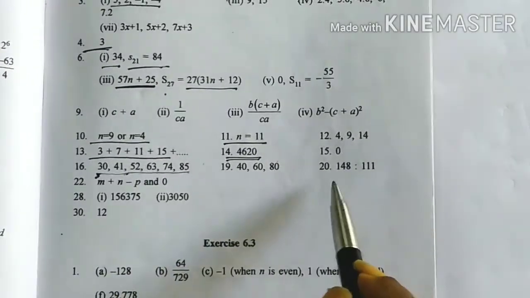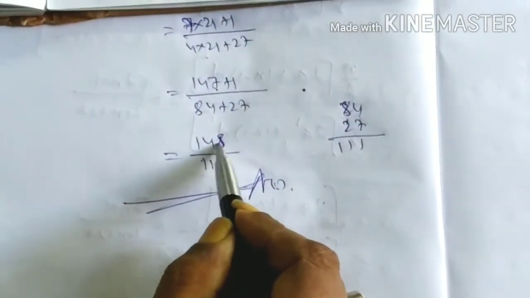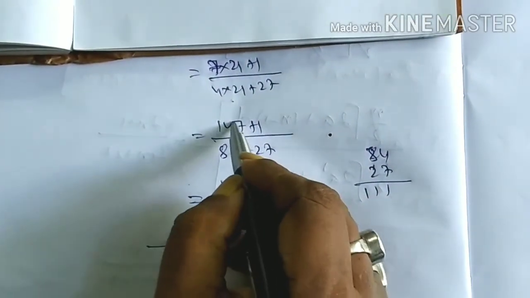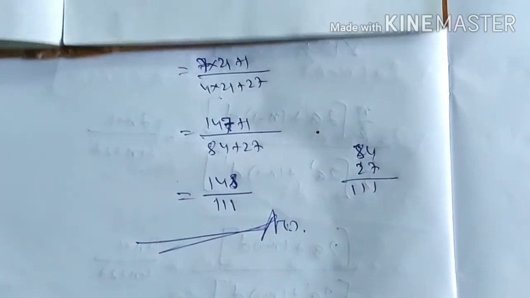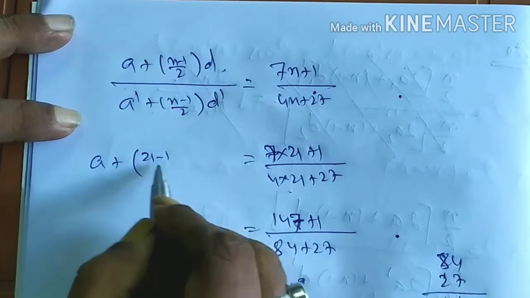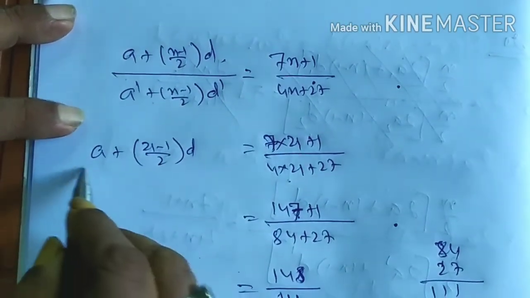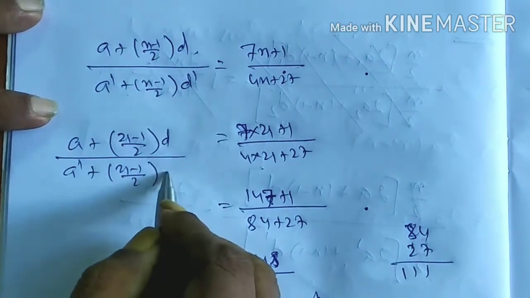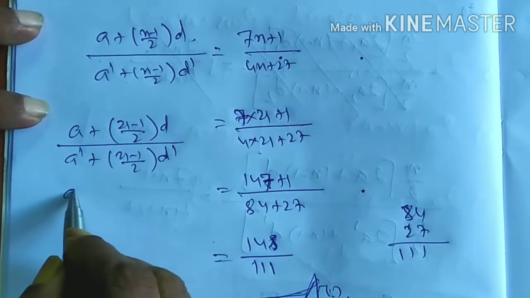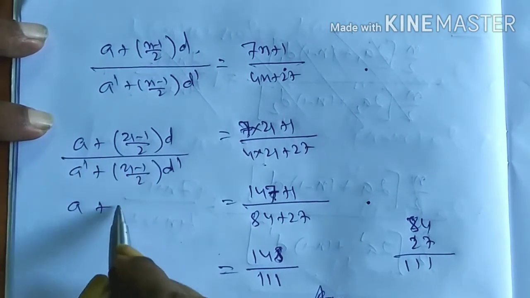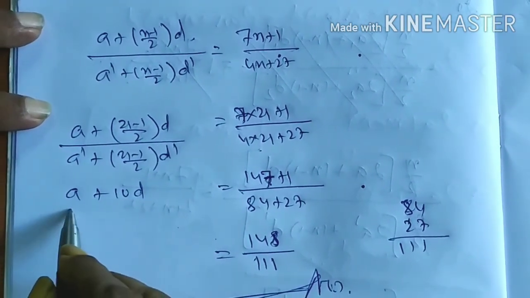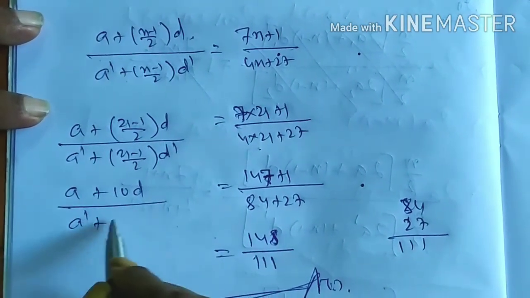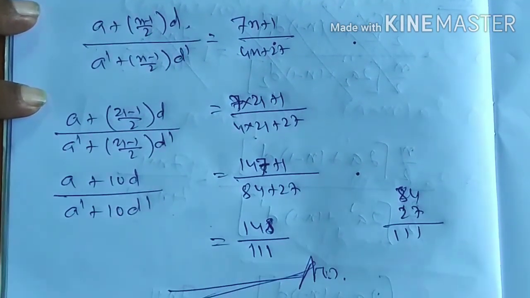148 is to 111. Here, a dash plus 21 minus 1 by 2 d dash: a plus this is 20 by 2, that is 10 d, and this is a dash plus 10 d dash.